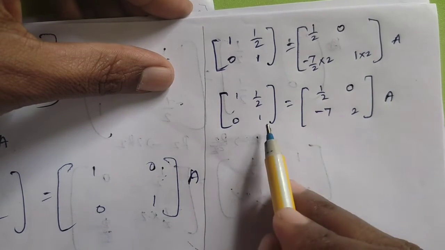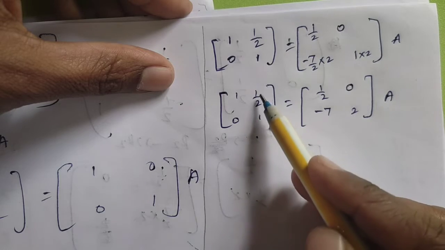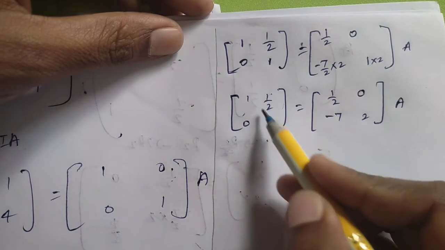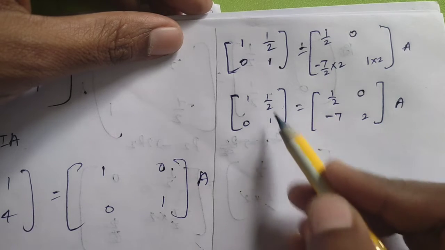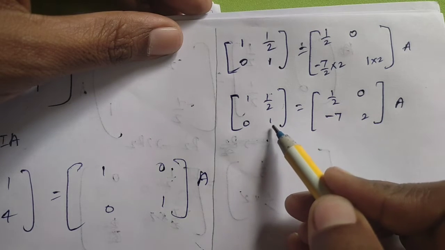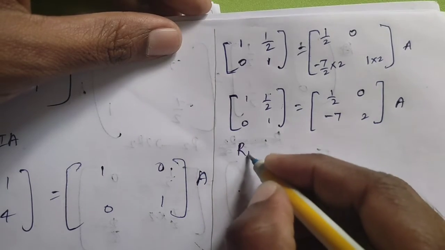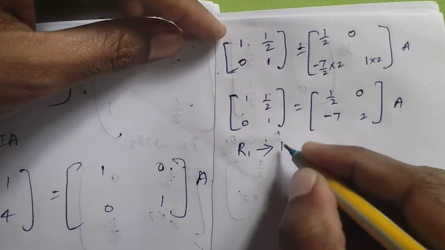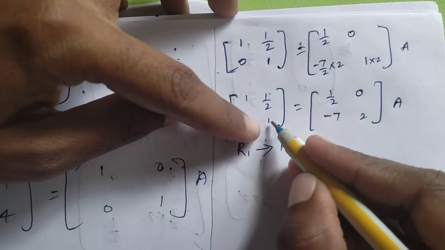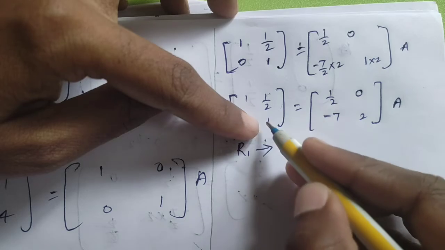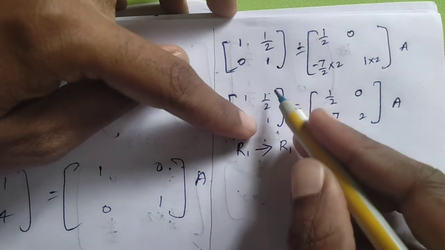Our next step is to make this element 0, with the help of R2. So how will you do it with the help of R2? Now R1 tends to R1 minus, I'll multiply 1 by 2 and subtract it. 1 by 2 minus 1 by 2 will give you 0.